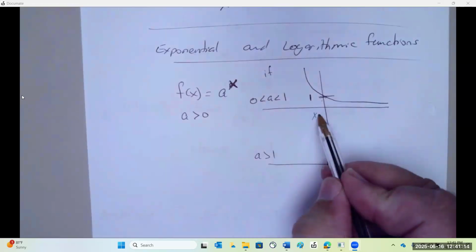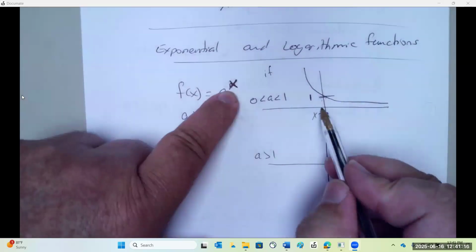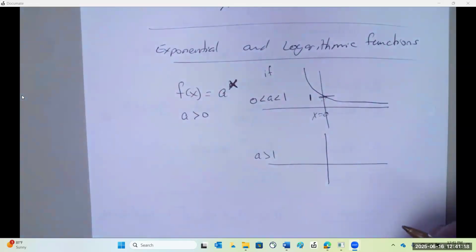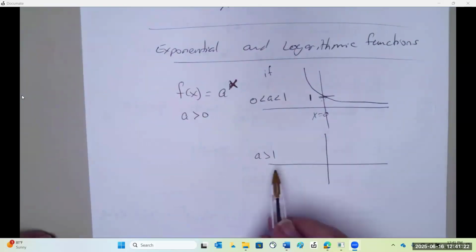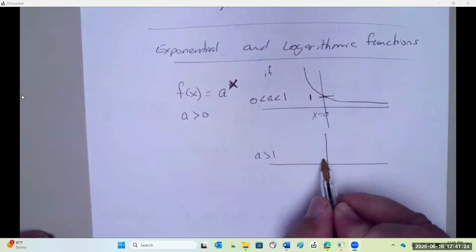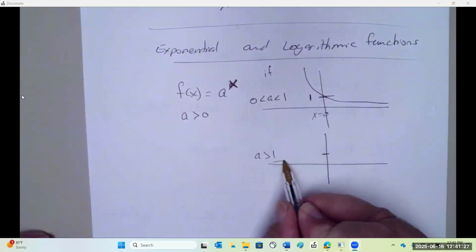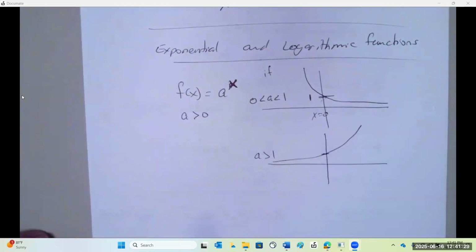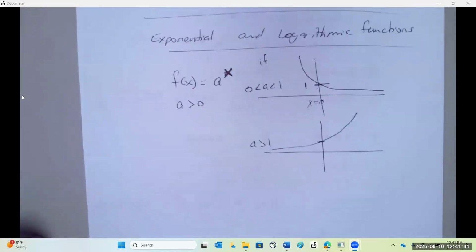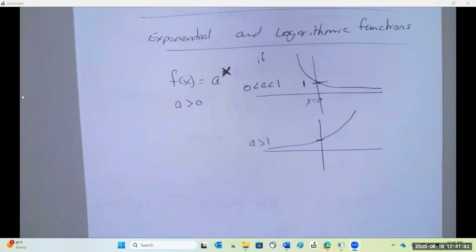Because when x is equal to 0, anything that's above 0 is 1. That's why we're sure that it's always going to cross through 1. If a is positive, greater than 1, then we have that function. So are they continuous? Yes.